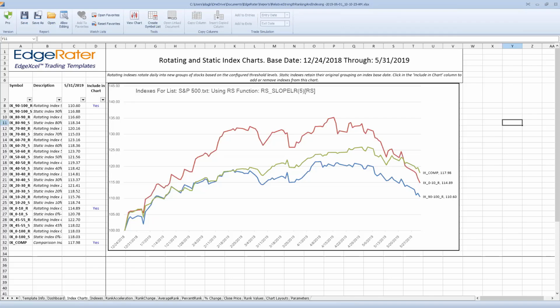So what you would do, and I will just mention that there is a program that works very nicely in conjunction with EdgeRater, and it's High Growth Stock Investor, or HGSI, and that has a whole database of fundamental information as well. And you can create yourself a list of fundamental data and run that within EdgeRater. You can easily export that list.